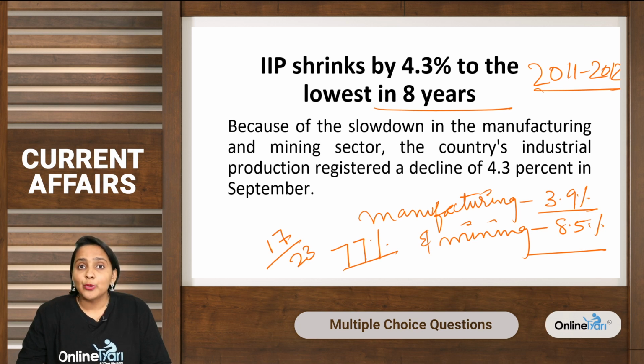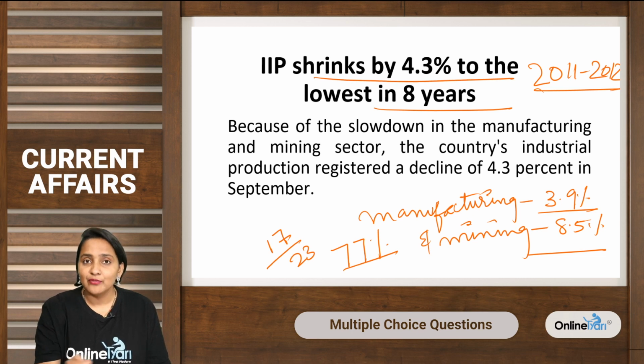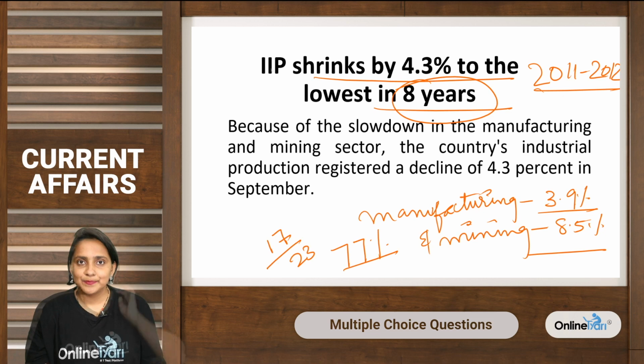In September, production of primary goods declined by 5.1%. Alike, there has been a decline of 20.7% in the production of capital goods. So the decline in manufacturing and mining has affected the index of industrial production, and it shrinks by 4.3%, which is the lowest in last 8 years.